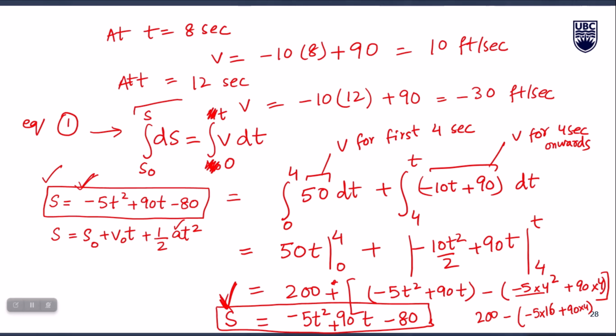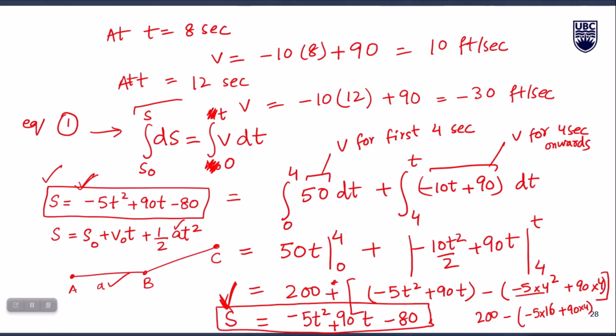For example, you will be given a case where from point A to B you have an acceleration of this much, and then from B to C, maybe another point, you have another acceleration. So it may be a constant acceleration case, but the whole motion does not have a constant acceleration throughout.